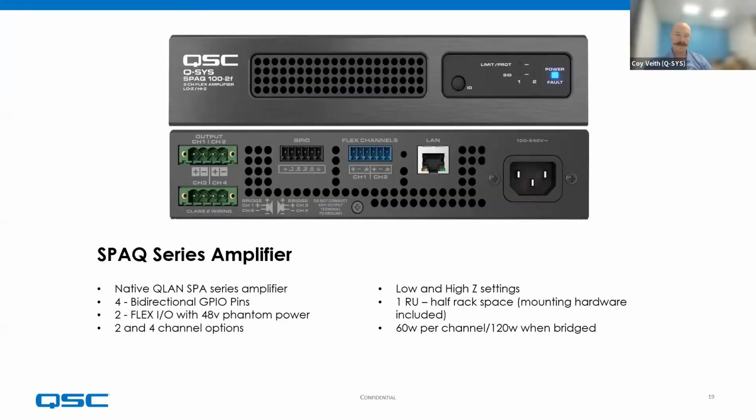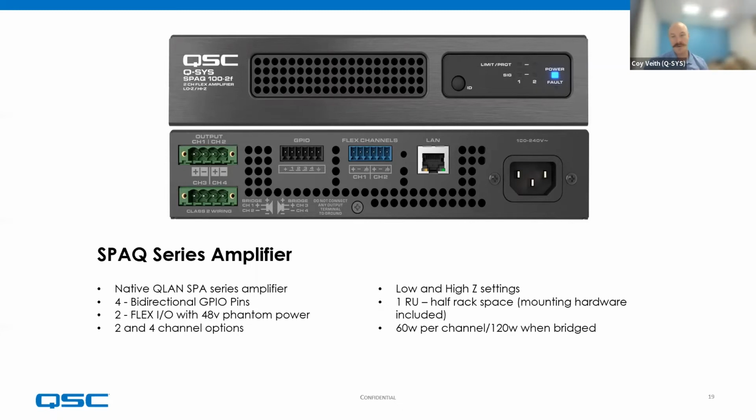Here's a new one that many people probably haven't seen. We just announced and talked about this one a little bit in our Activate last week, but this is one we did tease a little bit at InfoComm. This is our SPA-Q amplifier, which is a QLAN network amplifier that has some flex channels on it.